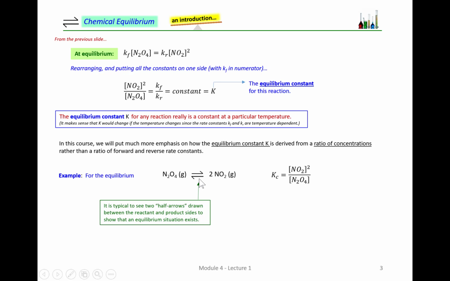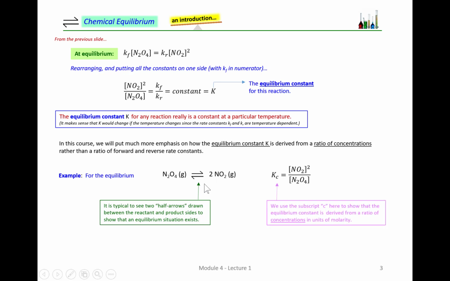This is considered to be an equilibrium sign, and so we often use half arrows. Sometimes, depending on the word processor, we have to use two full arrows going in either direction, or a double arrow. But you'll see this equilibrium sign most often when an equilibrium exists.